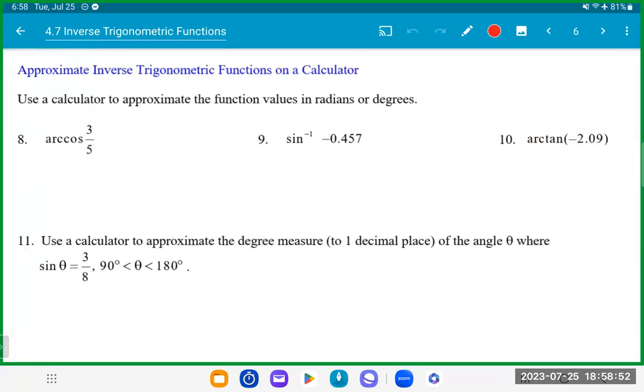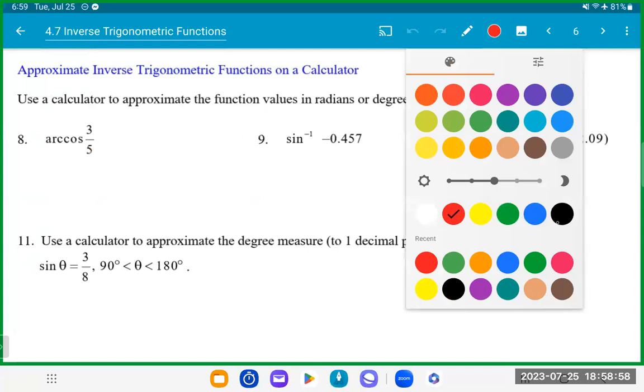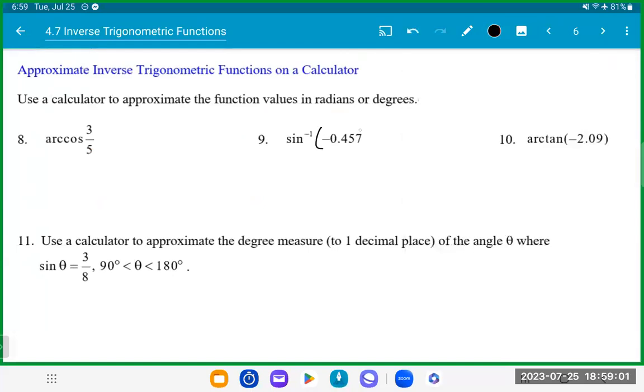All right, if you have a calculator, go ahead and get it out. We're going to do a little bit of practice on how you can calculate certain things using your calculator. Be very careful when you see things that ask for an exact solution, then there's no decimal approximation. If you provide a decimal approximation, it will be marked incorrect.